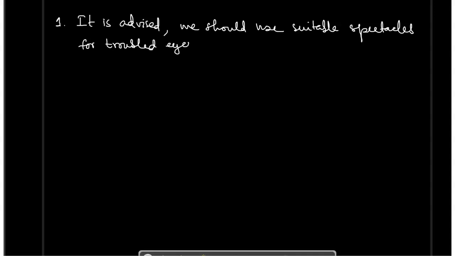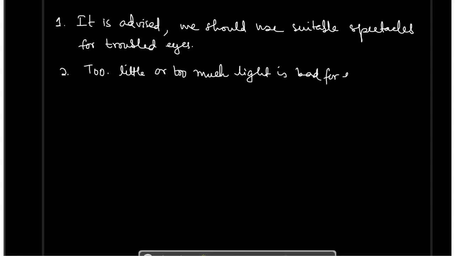Number 2. Too little or too much light is bad for eyes. So when you are studying, you should do it in sufficient amount of light.